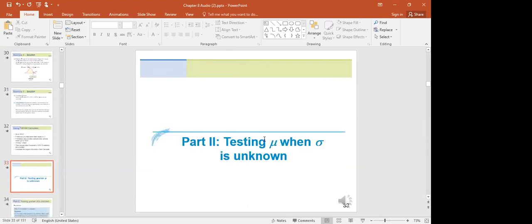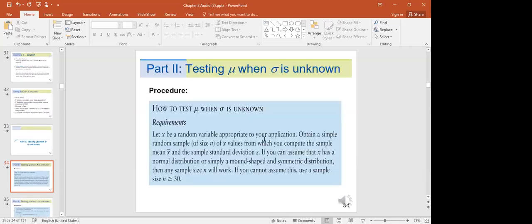So now, when sigma is unknown, as we did in chapter 7, we use the t-distribution. The condition for using the t-distribution is, first, a common condition to both t and z: either the population is normally distributed or the sample size is at least 30.